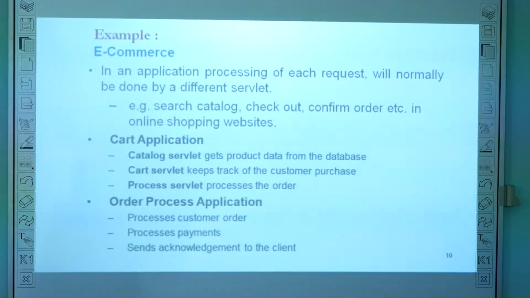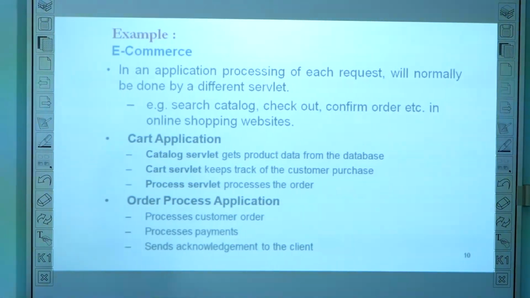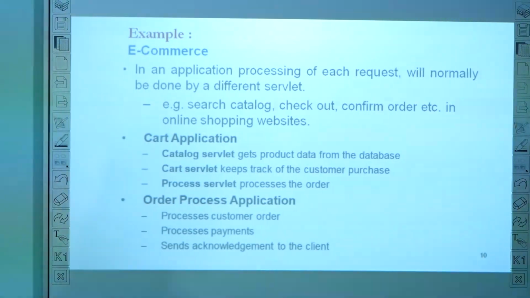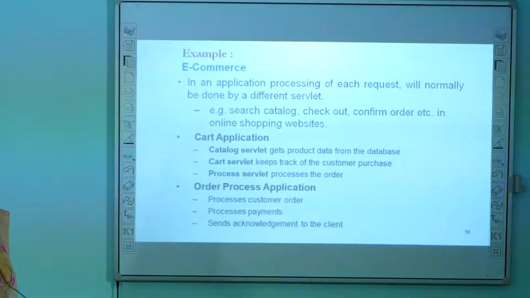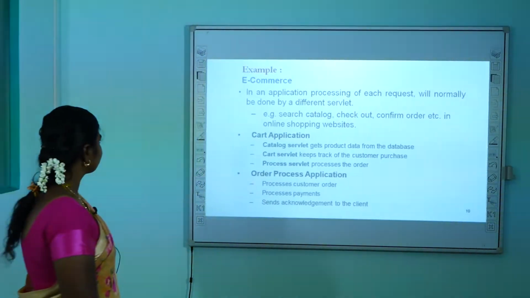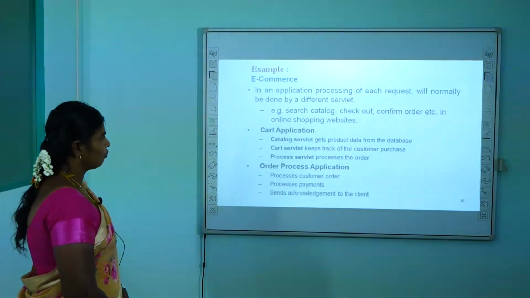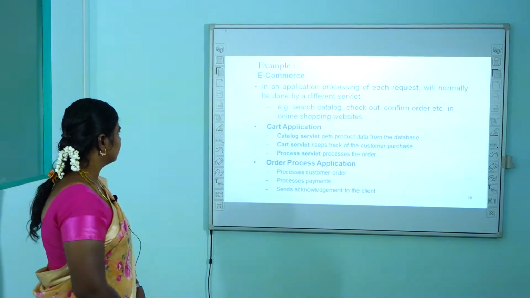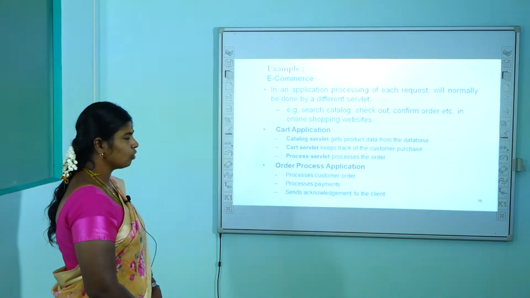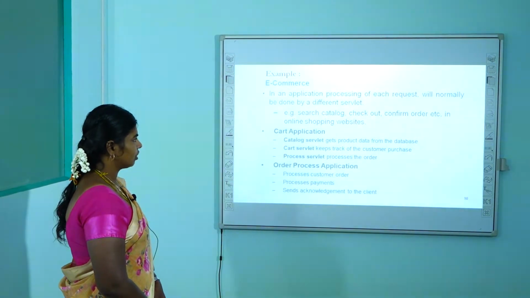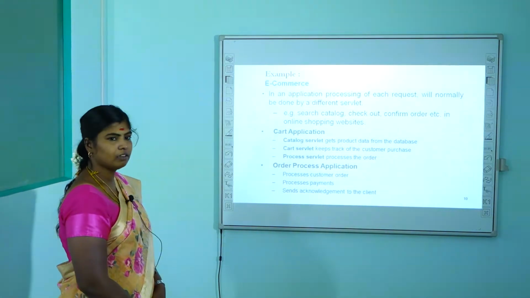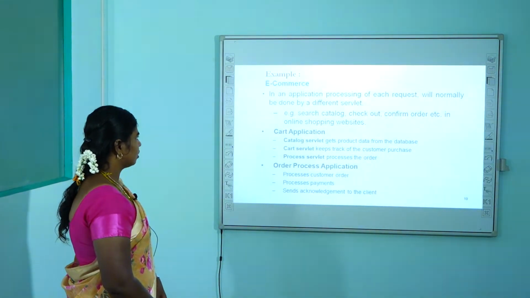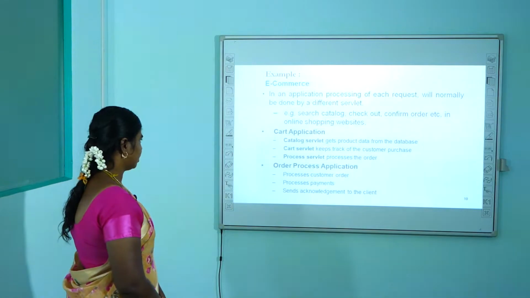Next is an example for servlet. See, the e-commerce application is the most common application where we use CGI and servlet technology. In an application, processing of each request is done by a different servlet. For example, search a catalog, checkout, and confirm an order in online shopping websites. Cart application: how can the servlet be used in a cart application?